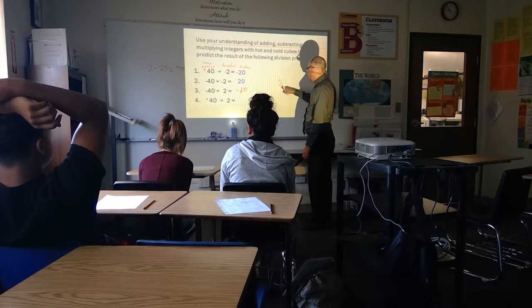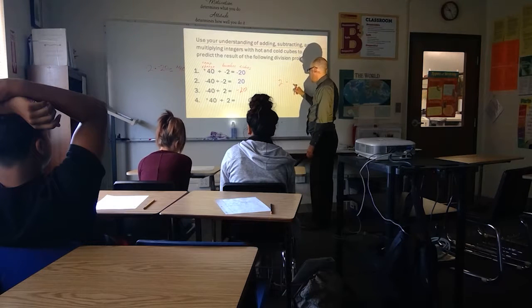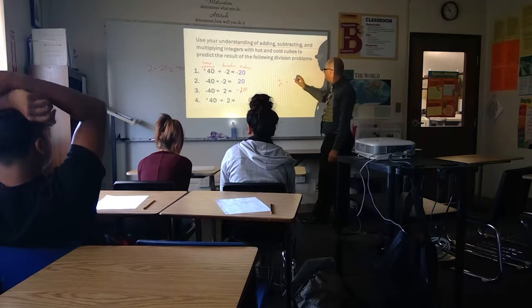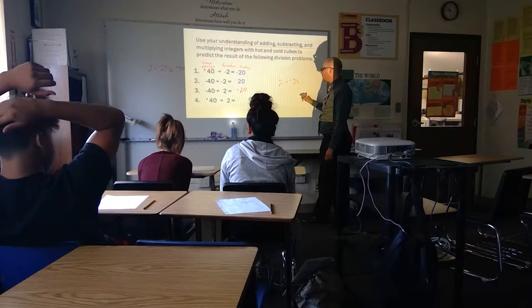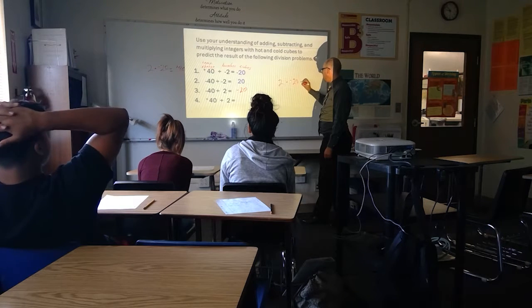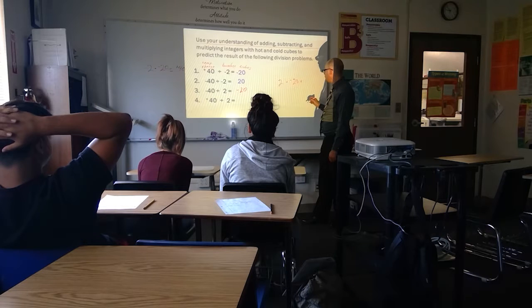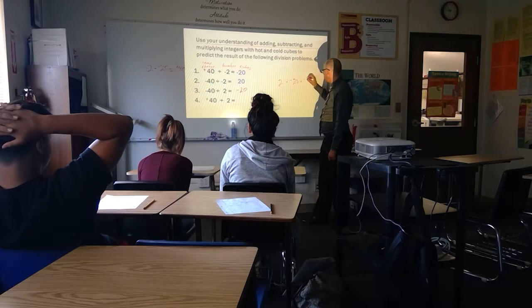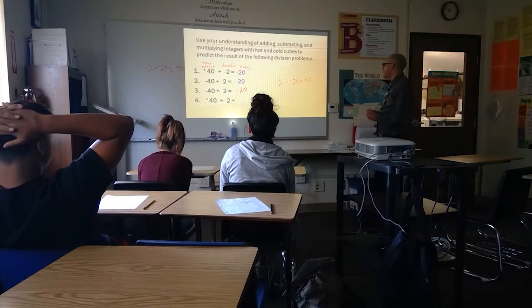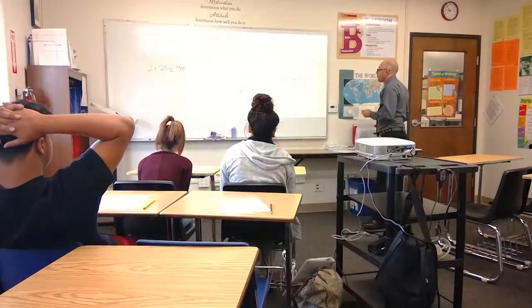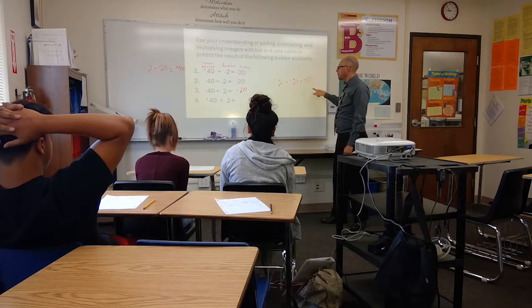Added, okay. Of 20, what kind of cubes? Cold cubes? And that made the temperature change how much? Negative 40. Okay. Abel, does that make sense with this one?